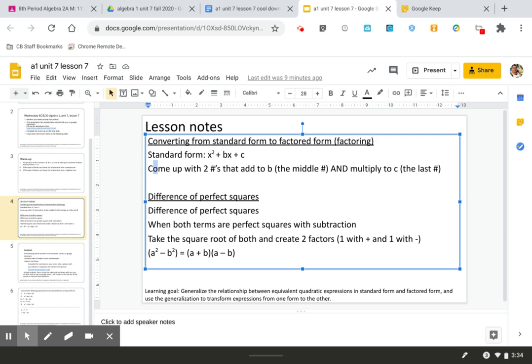Now, what do I mean by perfect square? So we say that a number is a perfect square if, when I take the square root of it, I get a nice whole number.